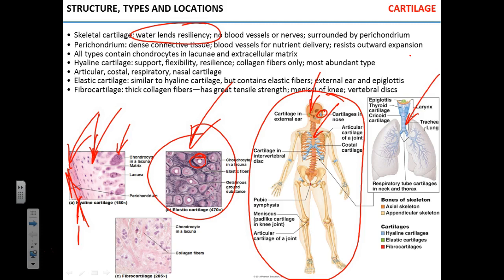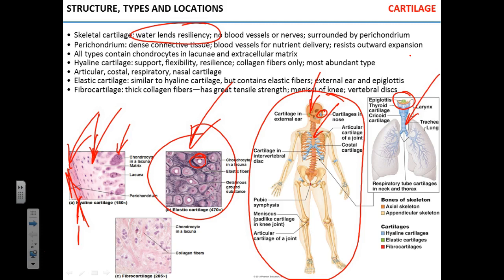And in the epiglottis, the structure that closes the larynx and therefore the trachea the moment when you swallow. That is why food, when you swallow normally, goes into the esophagus and not into your respiratory passages.